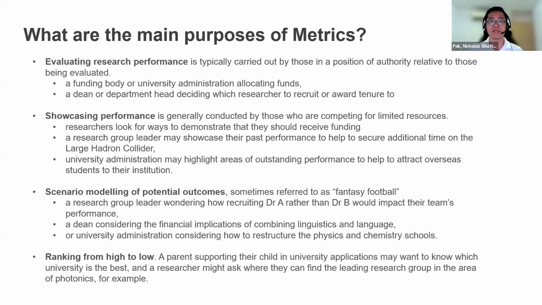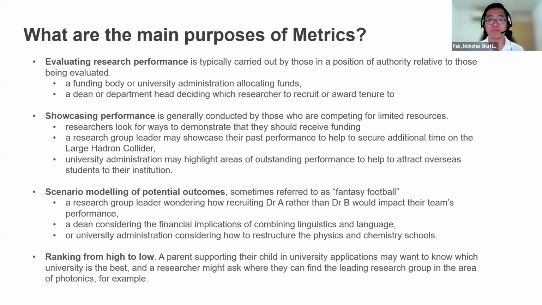Showcasing performance is generally conducted by those competing for limited resources. So you want to demonstrate that you should receive funding. A research group leader may showcase their past performance to secure time on a project, like a Large Hadron Collider. Administrations may want to highlight areas of outstanding performance to help to attract overseas students to the institution itself.